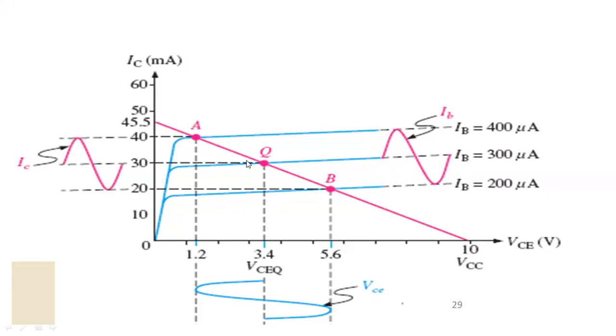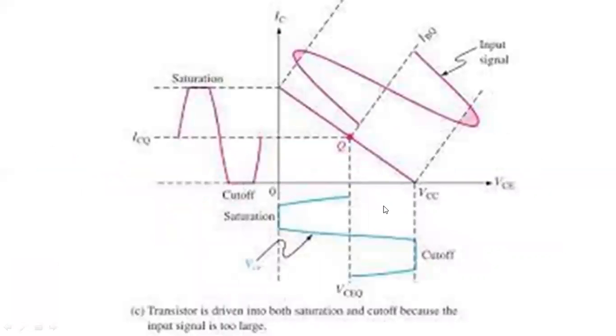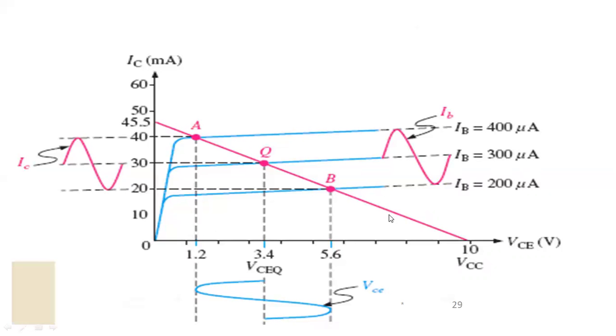Within the segment A to B, we have to maintain the values of IC and VCE, and we call this point the Q set point. Suppose this quiescent point is above point A, it will operate the transistor in the saturation region. If this point Q is present below point B, the transistor will be working in the cutoff region.